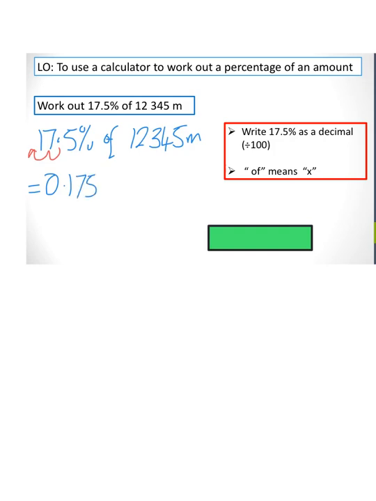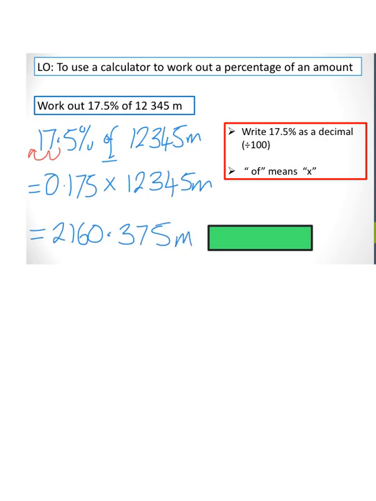0.175 of, here in maths means times, 12,345 metres. And putting that calculation into your calculator, 0.175 multiplied by 12,345 metres will give 2,160.375 metres.